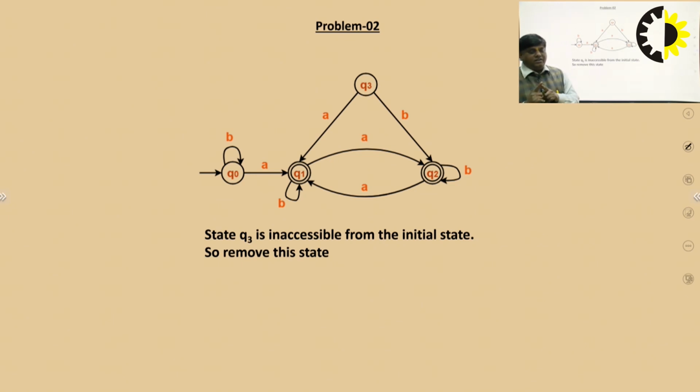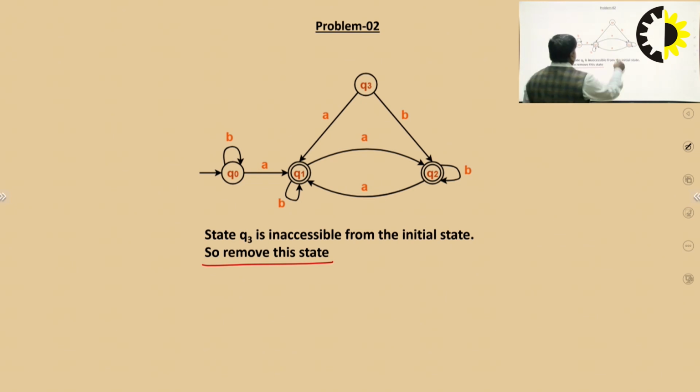Step 1, draw the transition table of the given finite automata. Step 2, divide all states into the set of final states and the set of non-final states. And step 3, these states are divided into subsets on the basis of the transition table. Okay. Now this is the state Q3.